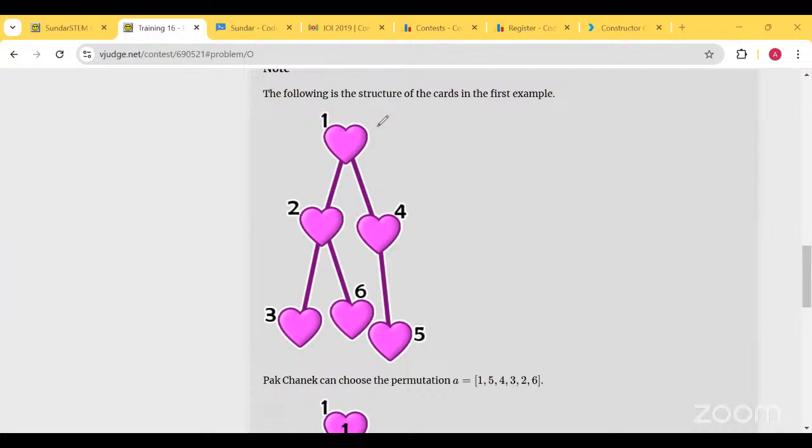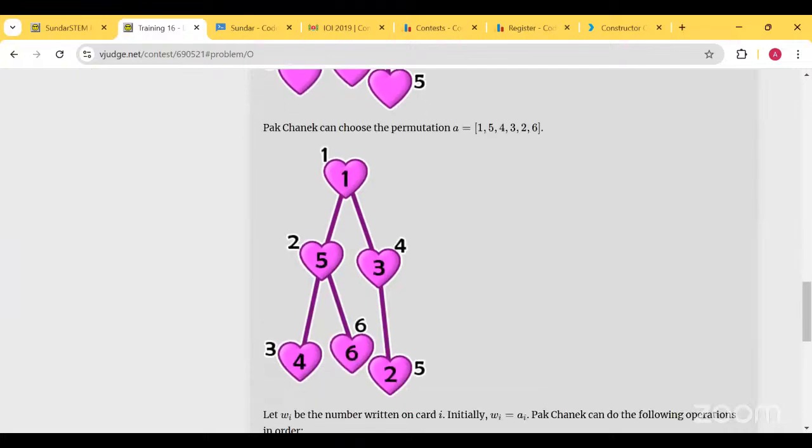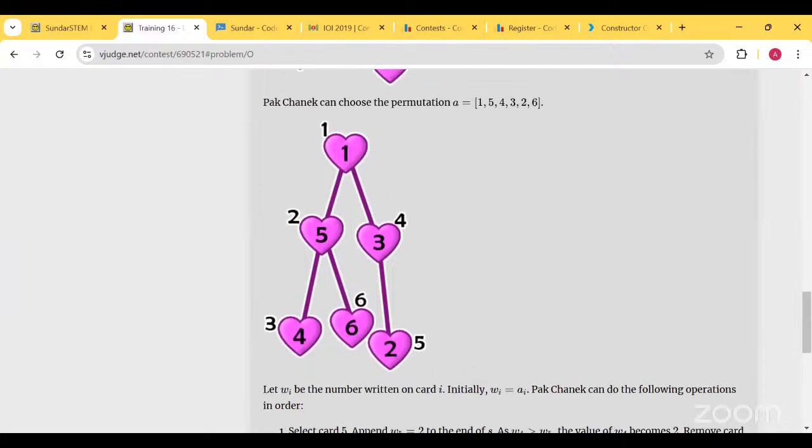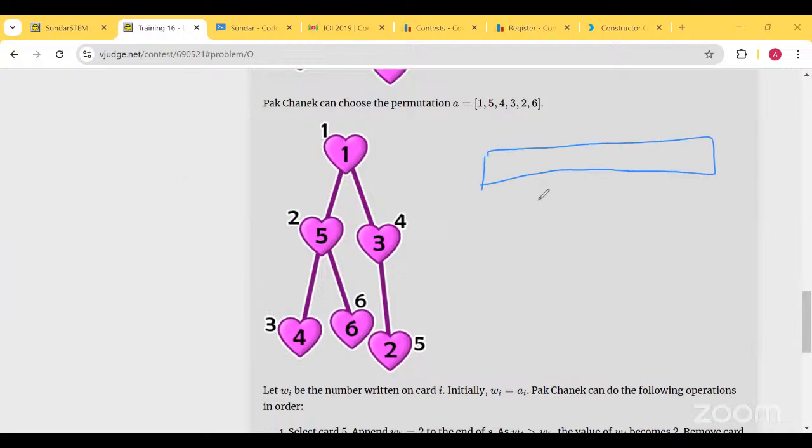For example, put a permutation like this, 1 here, 2 here, 3 here, and so on. And we want to create a list this way.